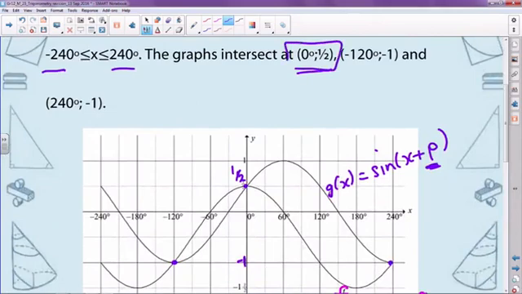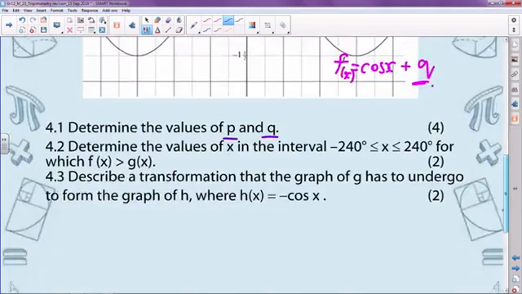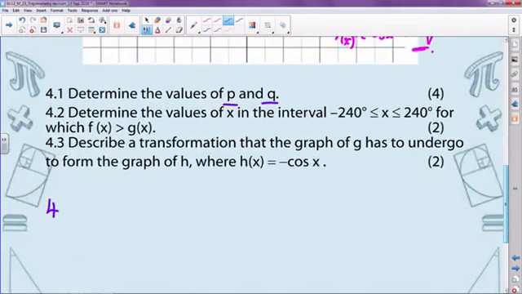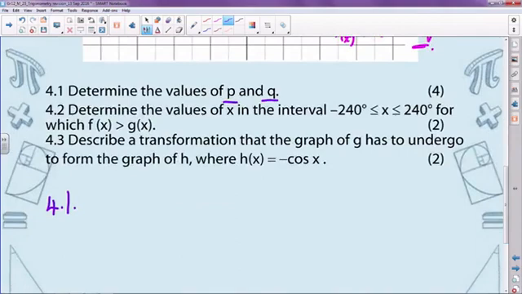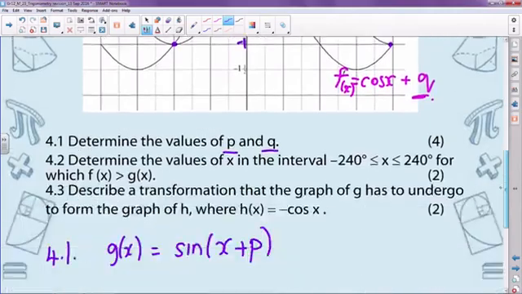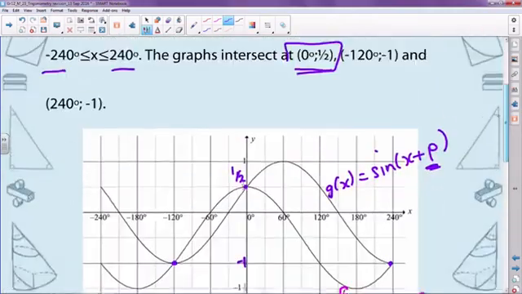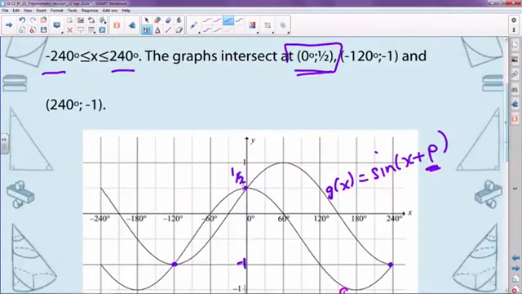I know that 0 degrees and a half is a point of intersection of both the sine and cos graphs. So for 4.1, we are going to look at g of x, which is equal to sine of x plus p, and find the value of p by simply substituting a point we were given. As I said, let's use 0 degrees and a half.